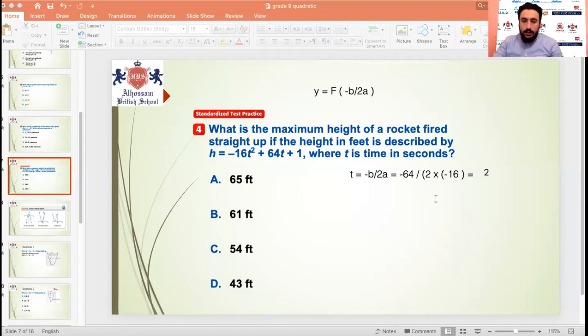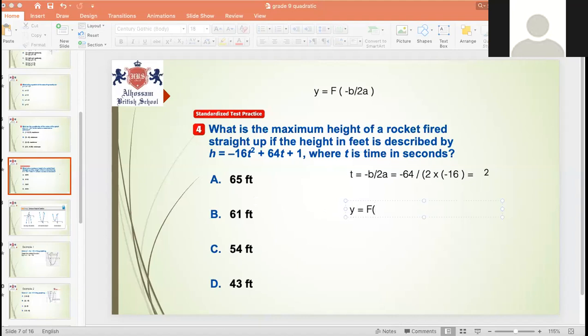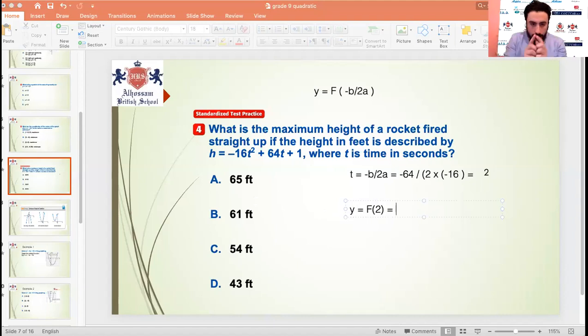To find the function value y, I'm going to remove t and put 2 instead.